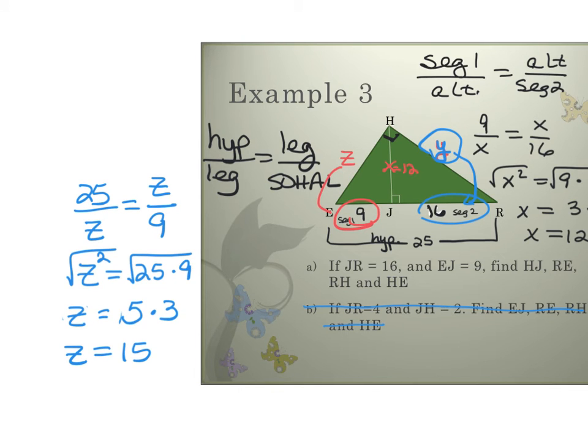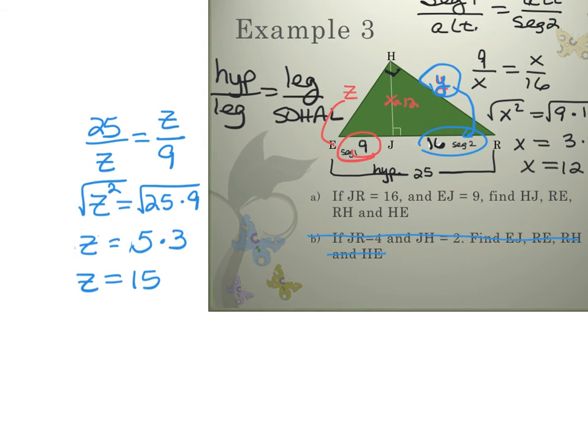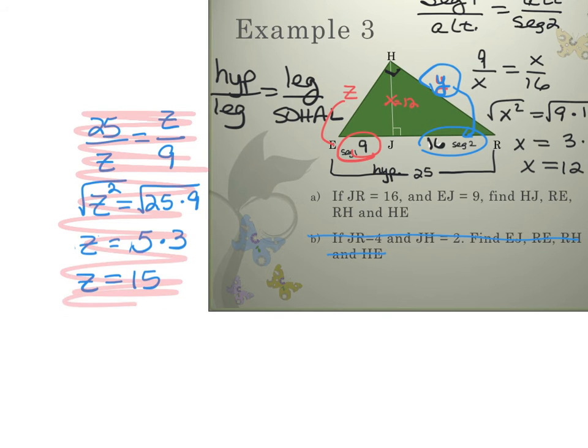Okay, now I have to do the same thing for Y. And I should have done that in red. So this was for Z, which I had written in red. Now I'm going to do Y. Hypotenuse over leg, leg over SOHAL.